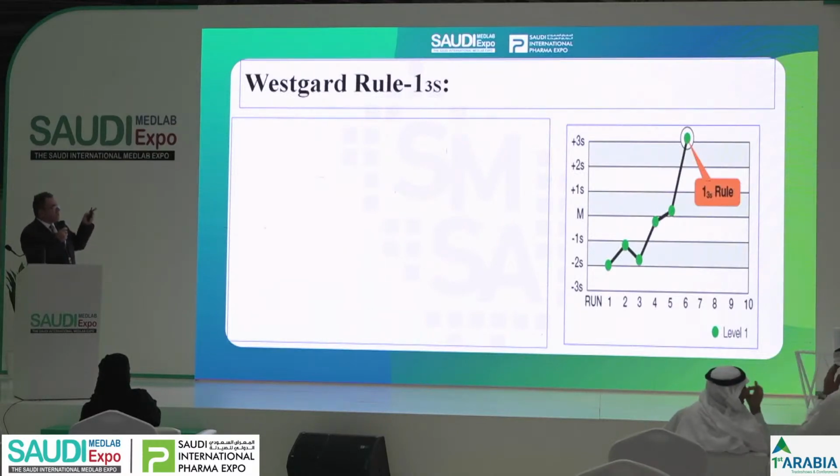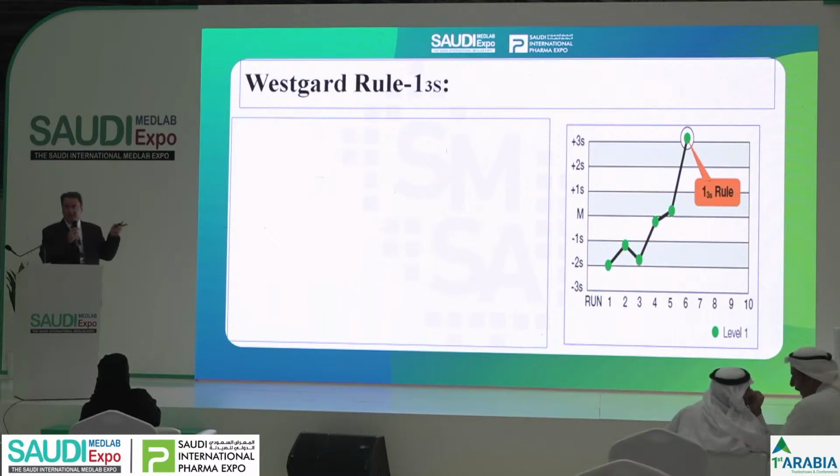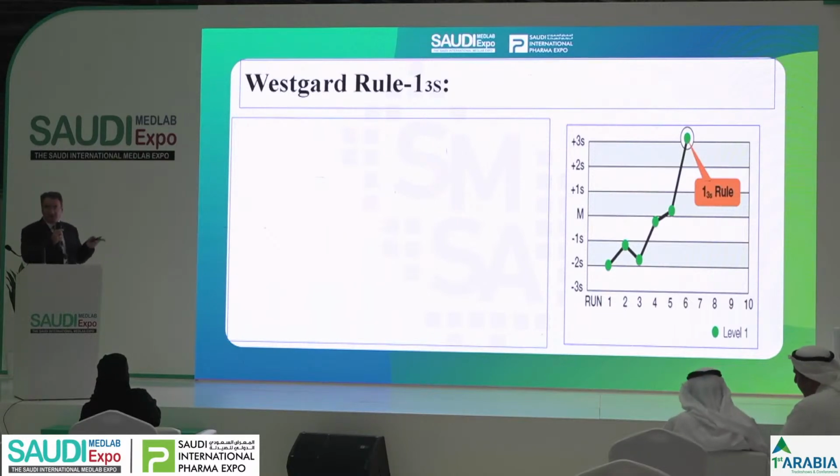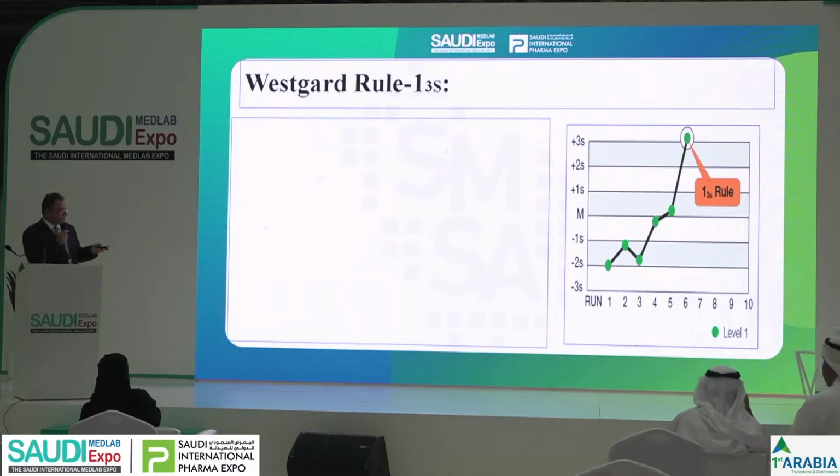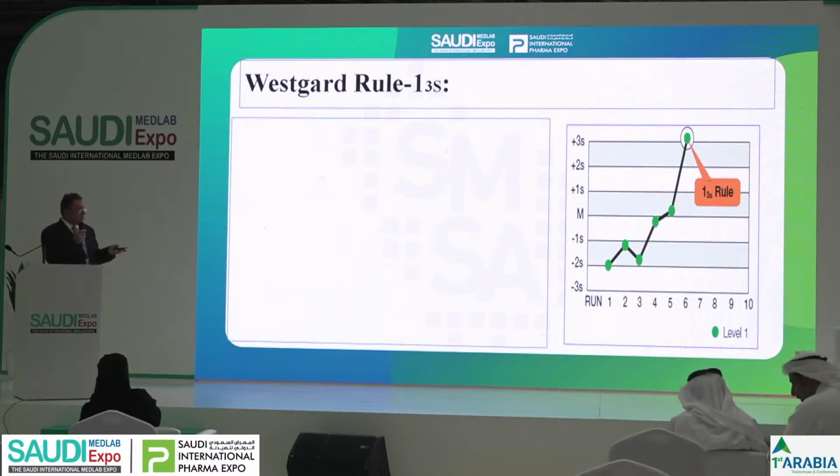First one is what we call 1-3SD. Okay, first Westgard rule is 1-3SD. As you can see, we are out of 3SD. When we establish our mean, we have plus 1SD, 2SD, 3SD, and the same thing on the minus side. So if you are out of 3SD, then you must reject, run, and repeat.